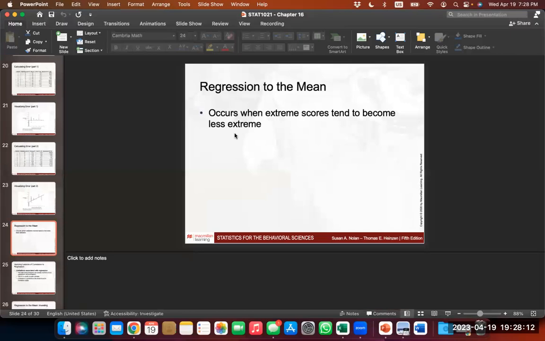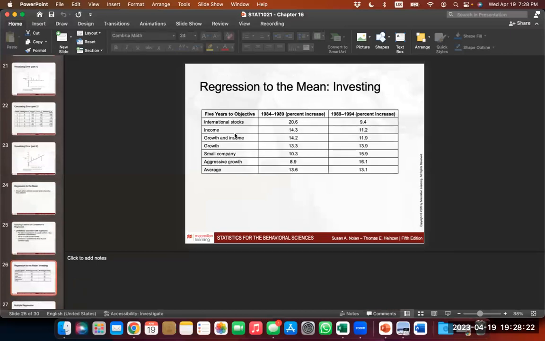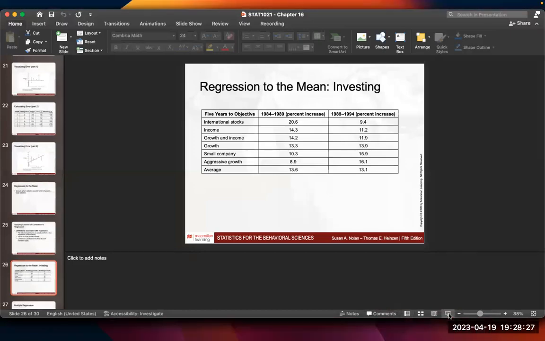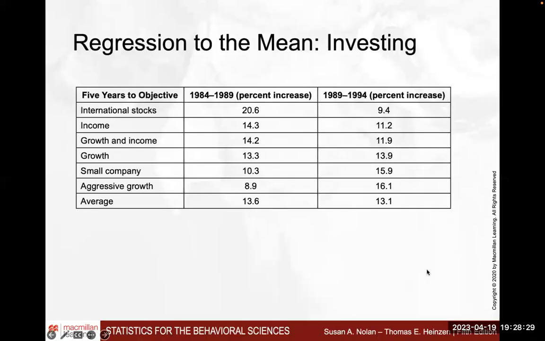Regression to the mean occurs when extreme scores tend to become less extreme. They bring a stock market example in here because in the stock market you're trying to predict the future, right? So you build various regression models.